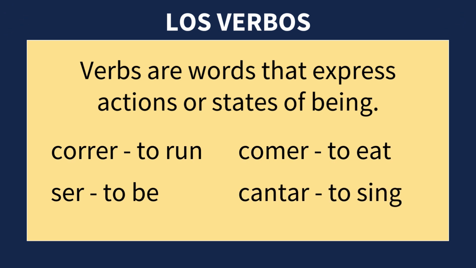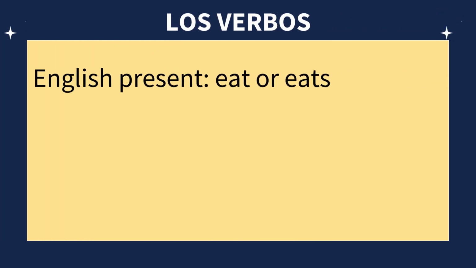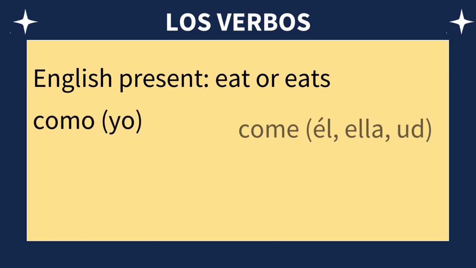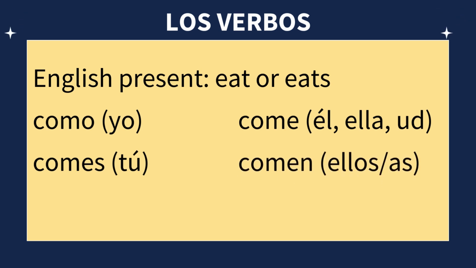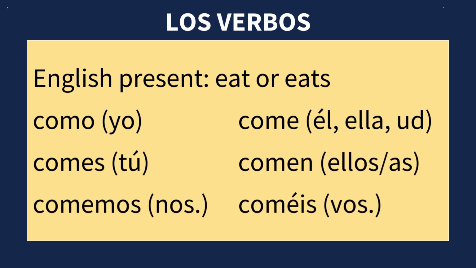Spanish verbs are heavily conjugated based on person, number, tense, mood, and sometimes gender, whereas English verbs have simpler conjugations. For example, to eat, in present we use eat or eats, depending on the person. In Spanish, we have como, come, comes, comen, comemos, and coméis. And that's just for the present tense in the indicative mood.